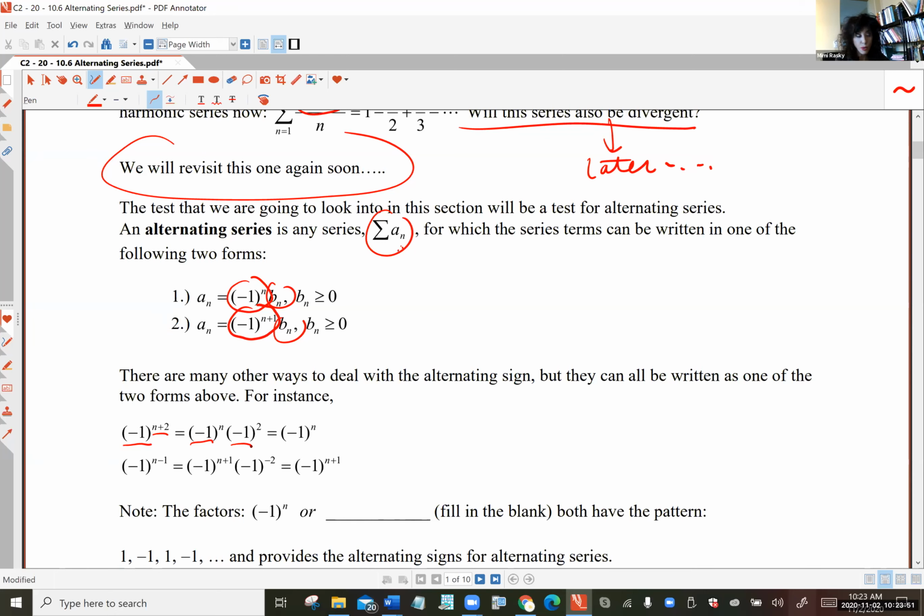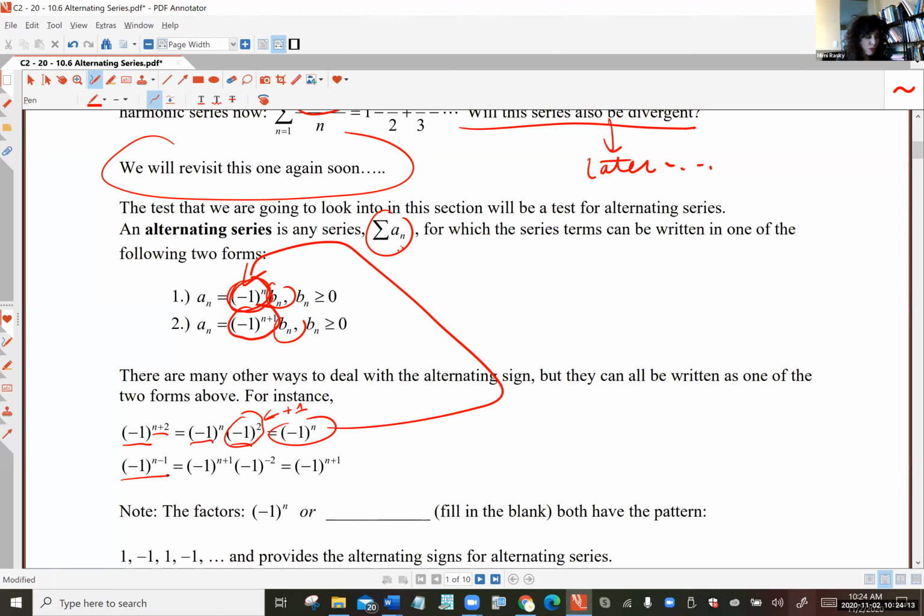That's legal because it's equivalent. And the -1 squared is always equal to what? What happens when you take a negative and you square it? It makes a positive. That's just going to be +1. So you can just kill him off. And then who's left? -1 to the nth. That's what makes things alternate.